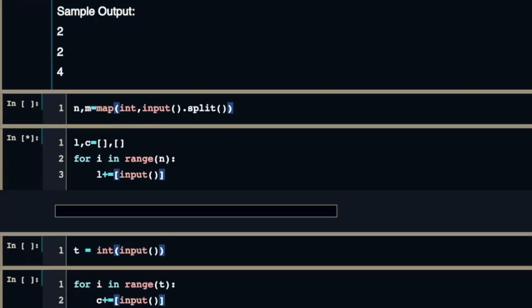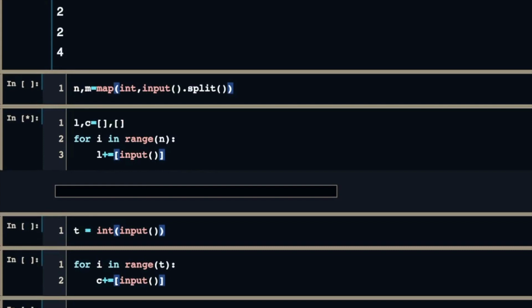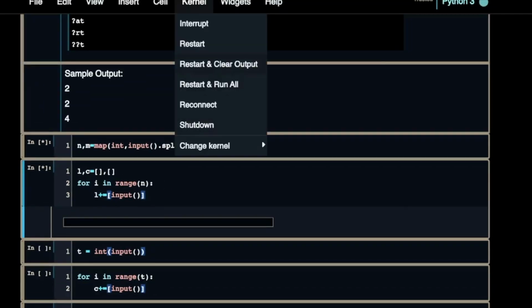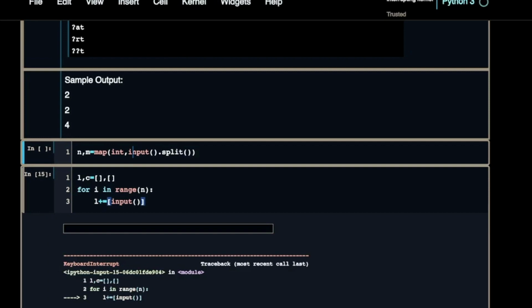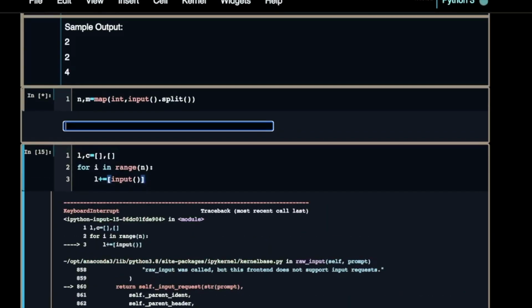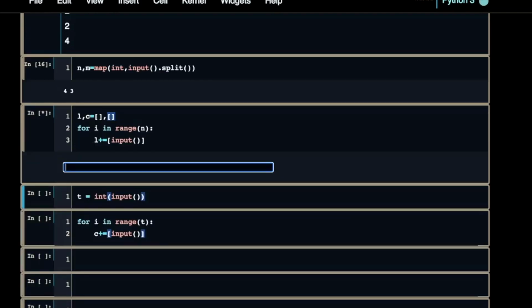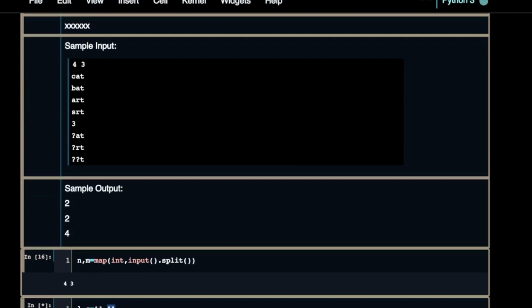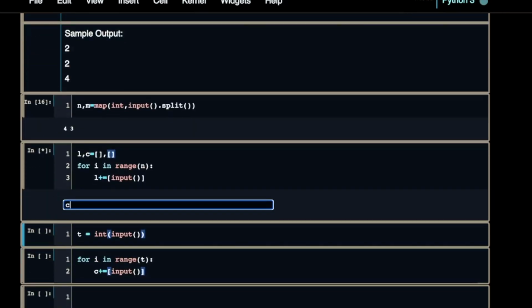Let's get to it. So these are just for the input. So n comma m, 4 and 3. Let's write the words the same as this: cat, bat, art, and SRT.